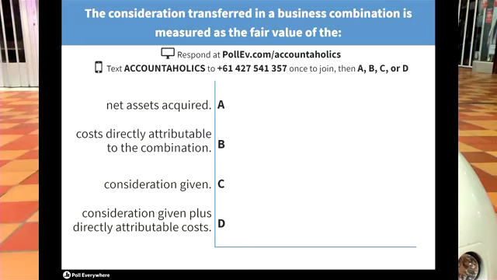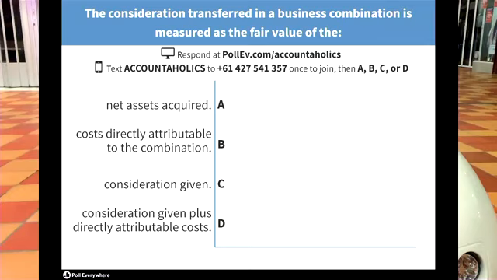So basically, answer C, consideration given, is used interchangeably with consideration transferred as well. So the answer should be very straightforward, C. It is the consideration provided, the consideration given by this acquirer. And D would not be right because we have discussed that the directly attributed costs should not be included in consideration given.